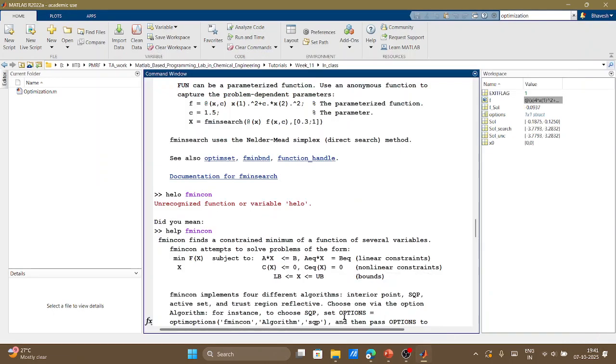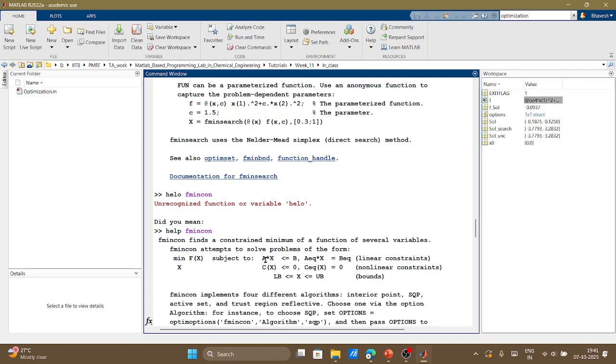So for linear constraints, I have to provide the two matrices, A and B for inequality, and Aeq and Beq for equality constraints. If we have non-linear constraints, for that we have to create a separate function.